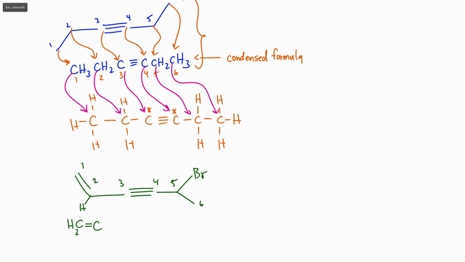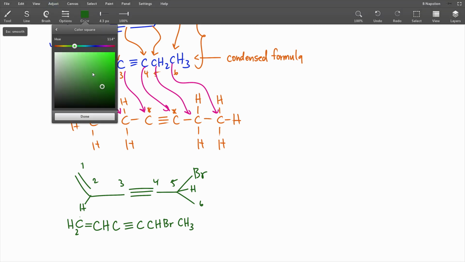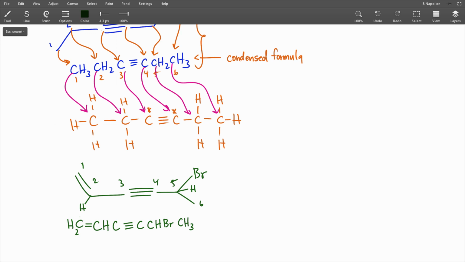So that would be what? CH. This would be C. This would be triply bonded to another C. That would be bonded here to a C. We have to remember what this is in what H. So we have CH, Br, and CH3. Okay. So that's our condensed.